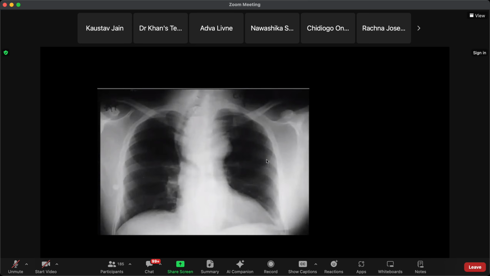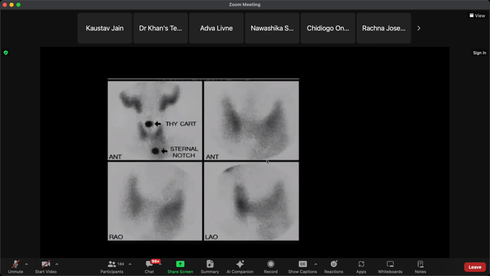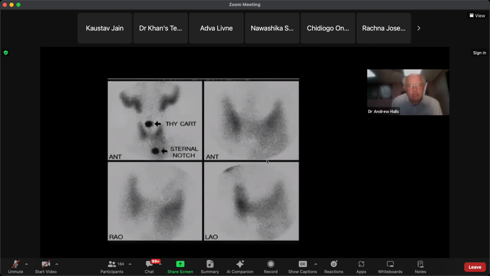I think it does extend above the clavicles, so is probably arising from the neck, and given that we're doing thyroid imaging, possibly a multinodular goiter or a significantly large goiter. And what does this show you?